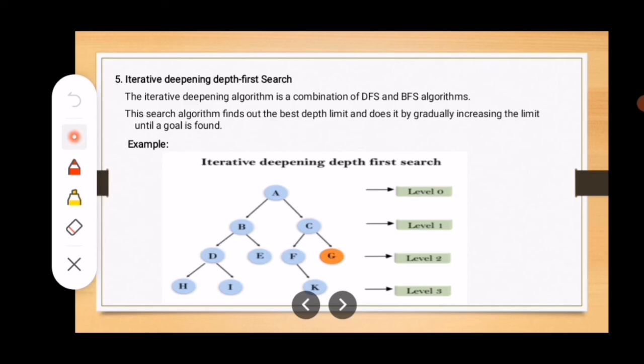The first iteration is A, the root node.